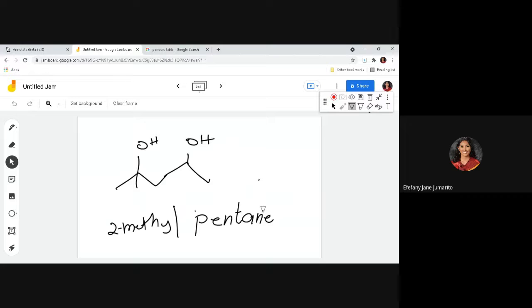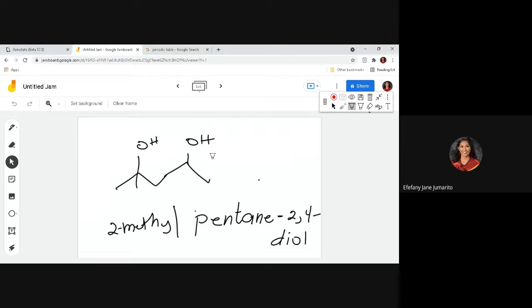Then what about the alcohols? Our functional groups: 2 and 4 diol. 2,4-diol. Okay. Question. Ma'am, what other answer do you have?